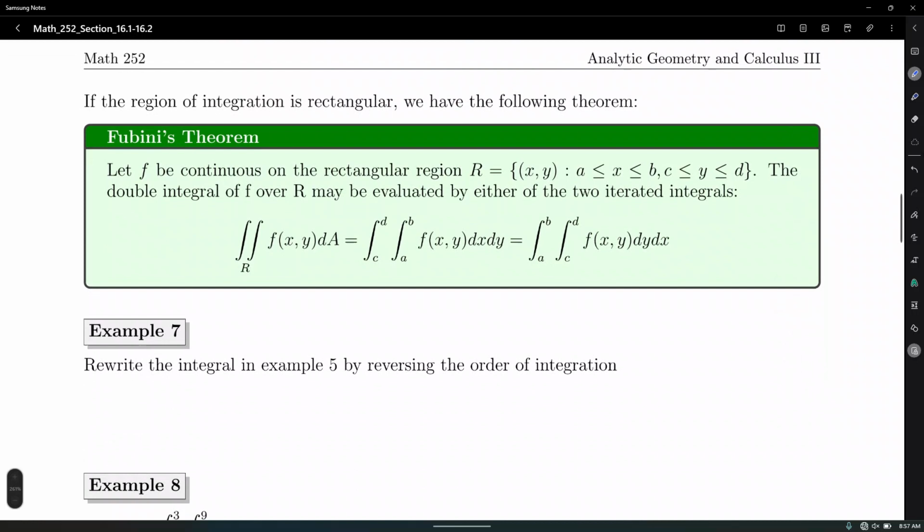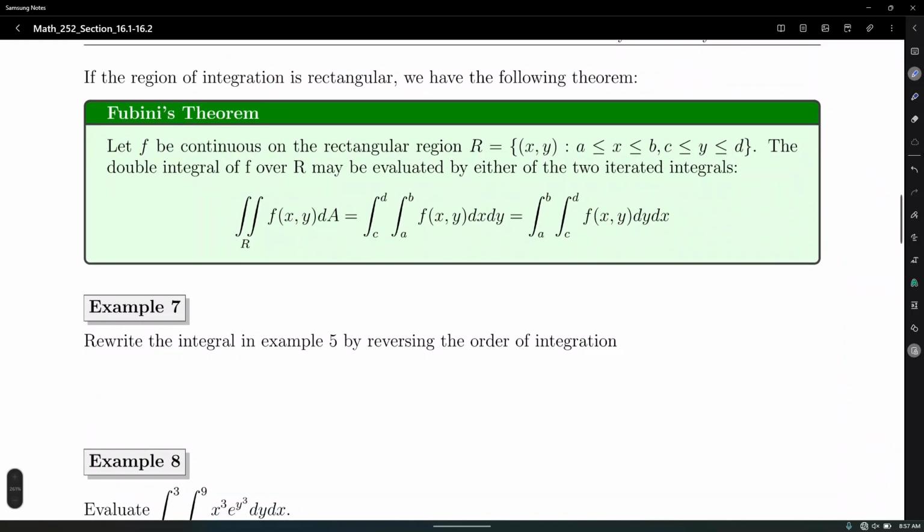So example number 7 is to see this theorem in action by rewriting the integral in example number 5 by reversing the order of integration. What did we have for example number 5? We started with the integral from 1 to 4, and then from 2 to 6, of dy dx.